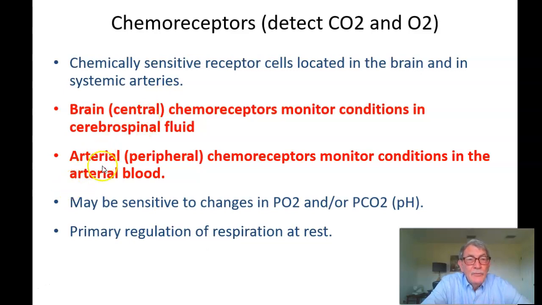And you have arterial ones in the aortic arch and the carotid sinus. These are in the main places where you're sensing blood leaving your heart and tell you if it's got the right gas mix. And if anything's off, they're going to send signals back to the central pattern generator and make you breathe differently.